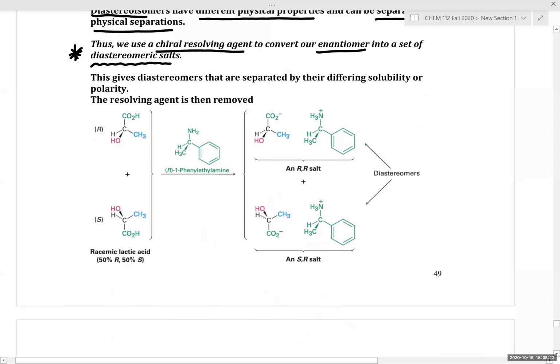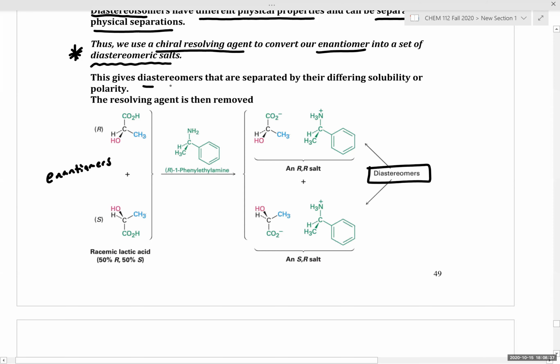So, comparing, for example, the R and S enantiomers, if we have a pair of enantiomers, they're going to be very difficult to separate, if not impossible, via physical means. If we treat it with a chiral resolving agent, now we have a set of diastereomers which we can separate using physical methods.